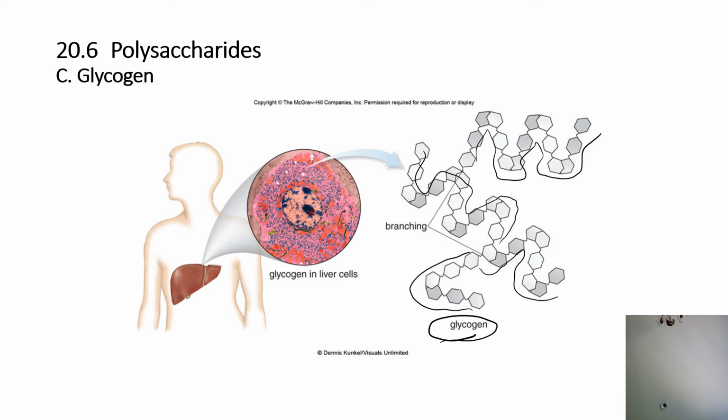So this is a highly branched storage molecule that can be hydrolyzed quickly in times when we need an extra burst of energy, like if we're exercising strenuously or we have that fight or flight response and we need a burst of energy, then we can utilize the glucose units in a glycogen molecule.